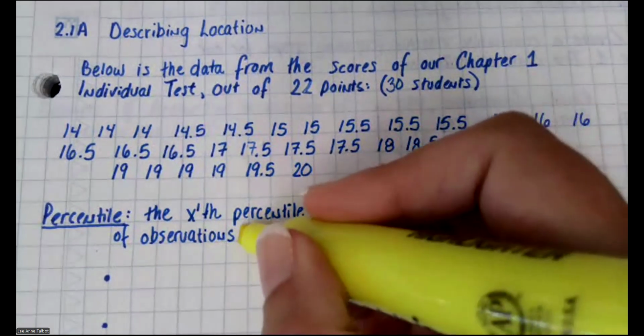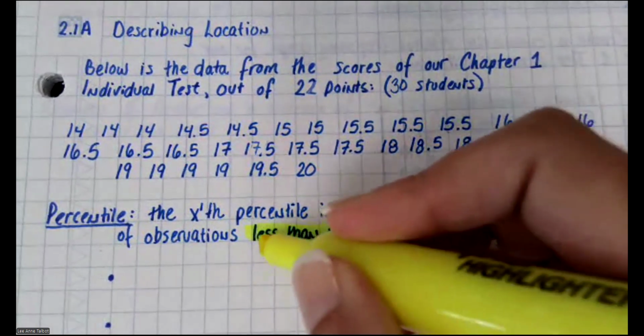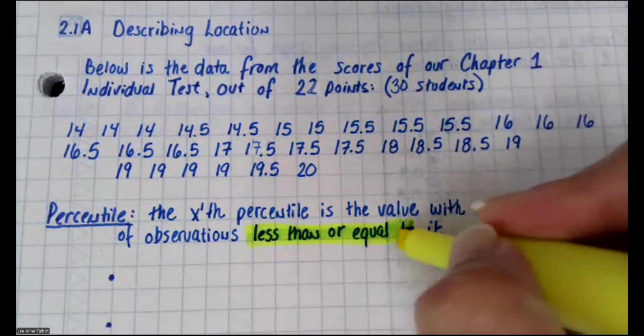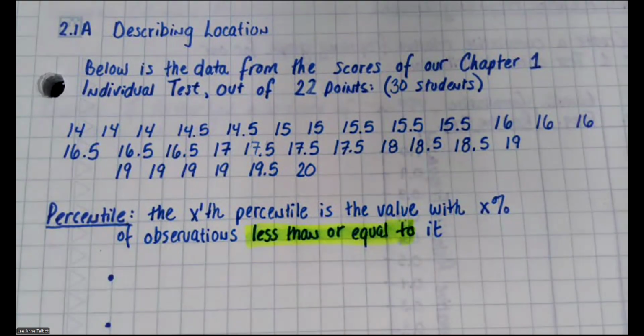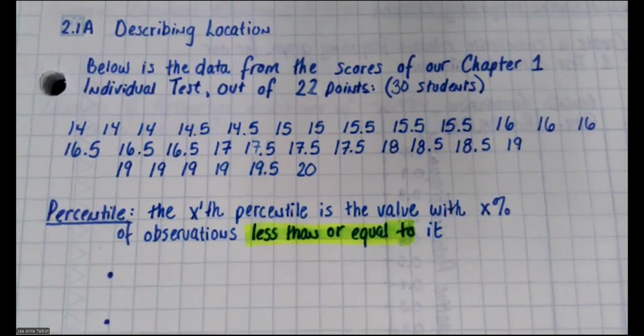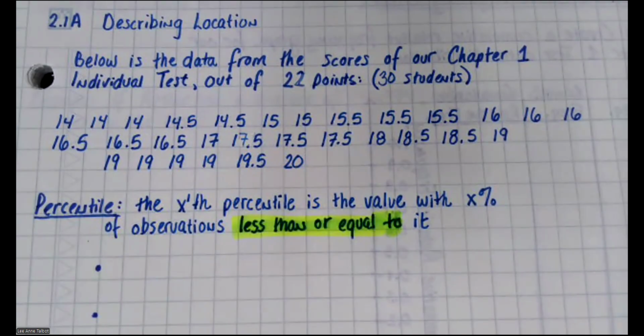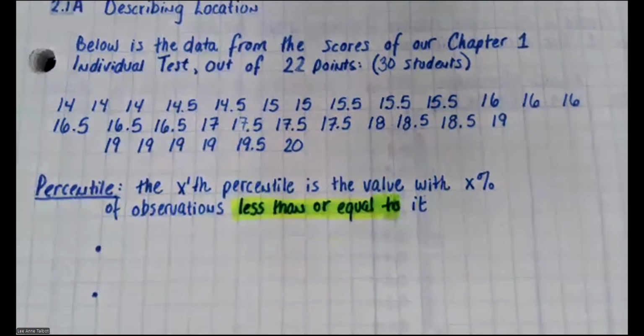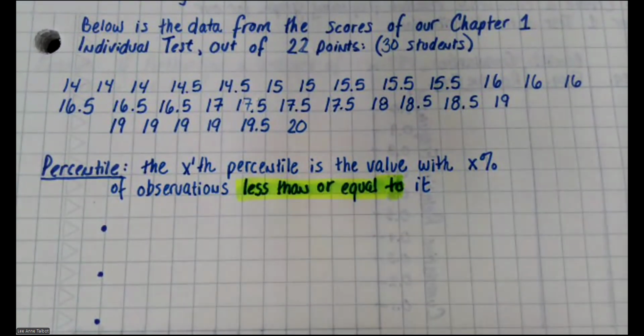If anyone likes to make their notes a certain way, I'm going to make sure I highlight that less than or equal to. So if you heard me say nothing else in that jumble of fancy words, hear me say less than or equal to. Okay, and then I have 3 bullet points here that are facts about percentiles.